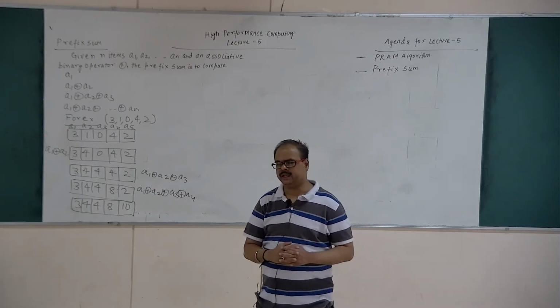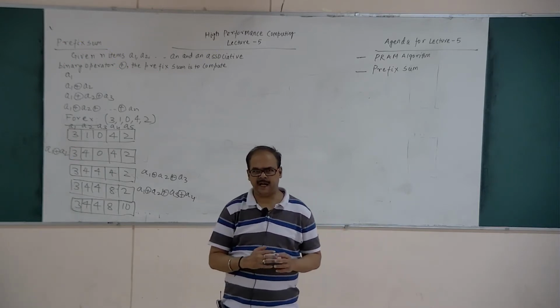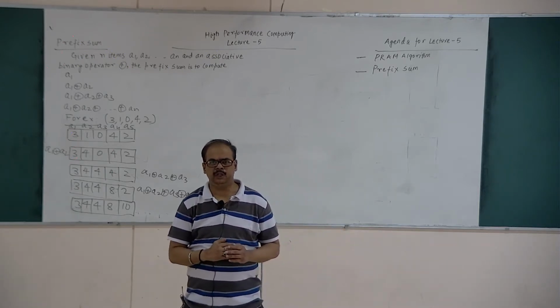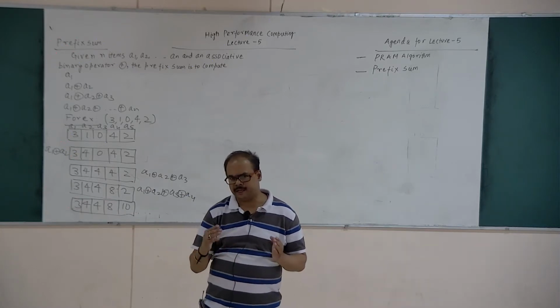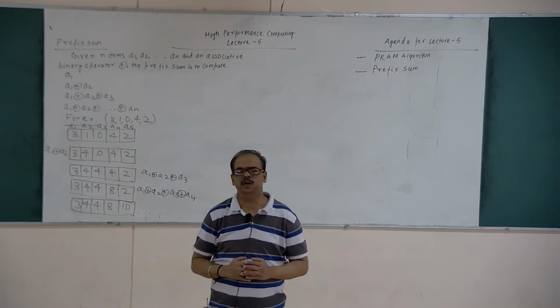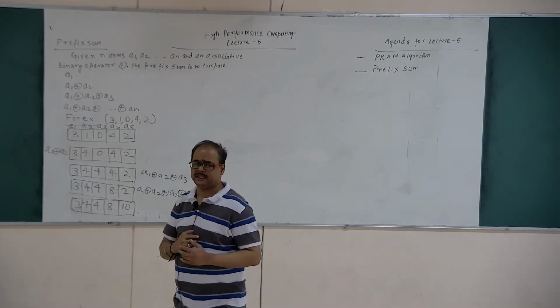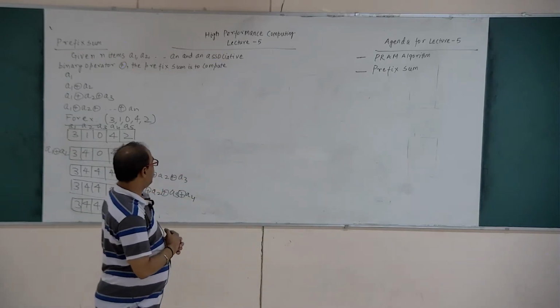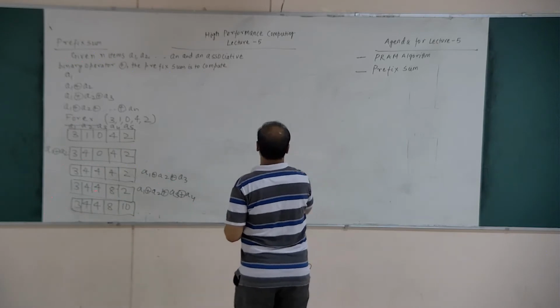In the last lecture we discussed parallel summation, in which we compute the summation of n numbers, and the sum of the n numbers is stored at location A0. In this lecture, I will give you another example of a parallel algorithm, that is prefix sum.